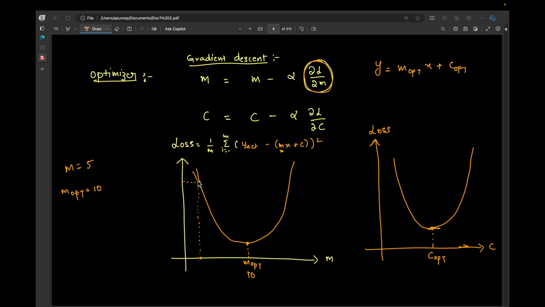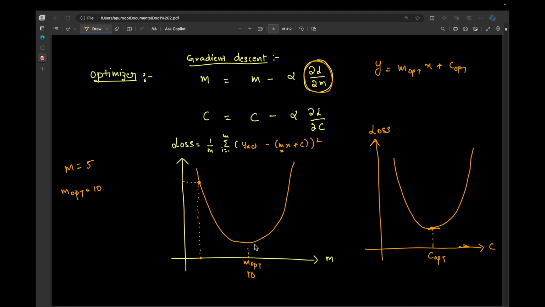If you draw a tangent, and the tangent looks like this, what does that mean? That means it is a negative slope. Or you can think of it in some other way, if it is difficult to understand. This is the shape, right?